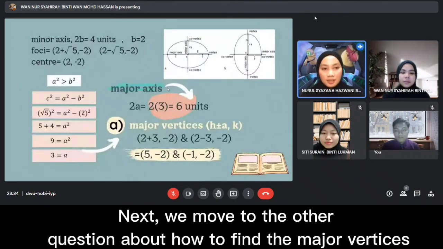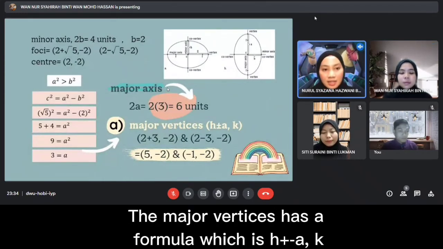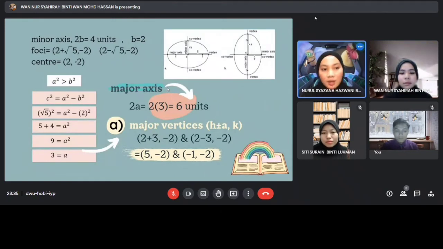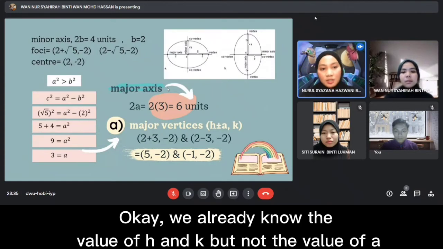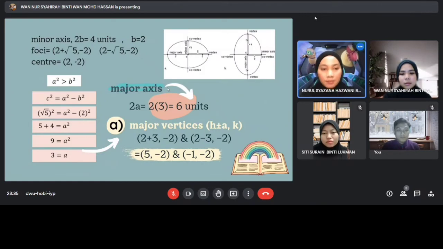Okay. Next, we move to the other question about how to find the major vertices. The major vertices have a formula which is (h ± a, k). We already know the values of h and k, but not the value of a. So, we can find a by using the formula c squared equals a squared minus b squared.